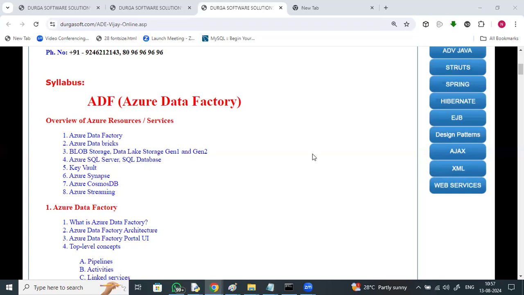Mostly there is a proposal of starting a Databricks batch on the weekend, Saturdays and Sundays, so that anybody can attend it. Otherwise, one after the other, ADB will be started after this. ADF will be 30 sessions, maximum 35 sessions.